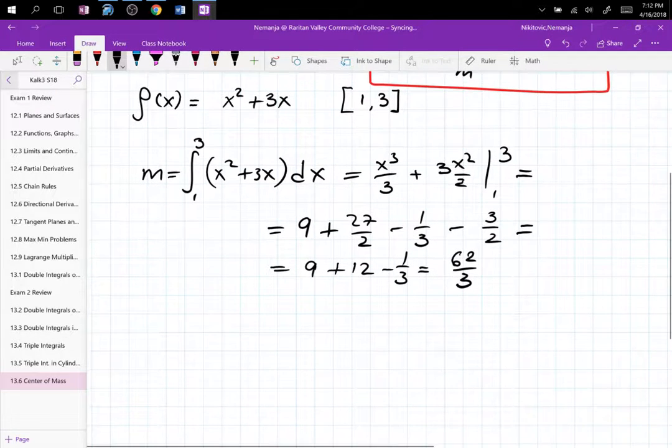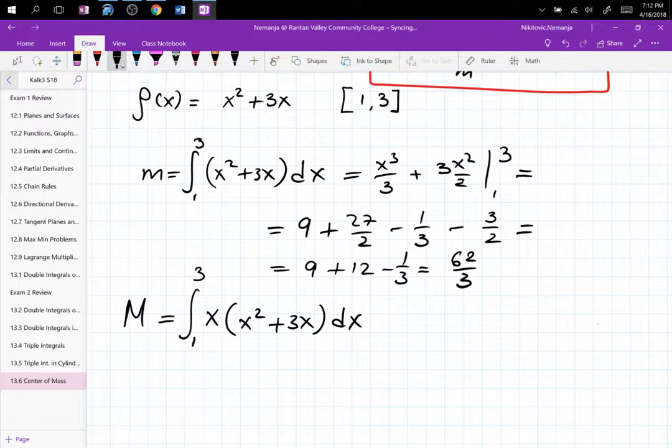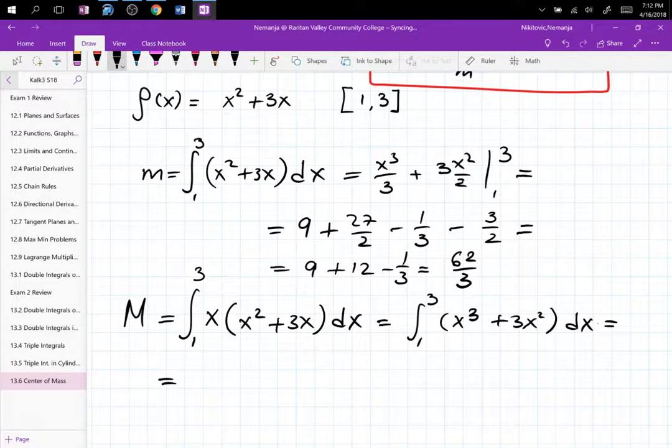Because we'll be canceling. Now the moment calculation is going to be the integral from 1 to 3 of x times (x squared plus 3x) dx. And now we distribute the x. So this is all Calc 1, obviously, calculations. x cubed plus 3x squared dx. It's x to the 4 over 4 plus, this is just x cubed, from 1 to 3.